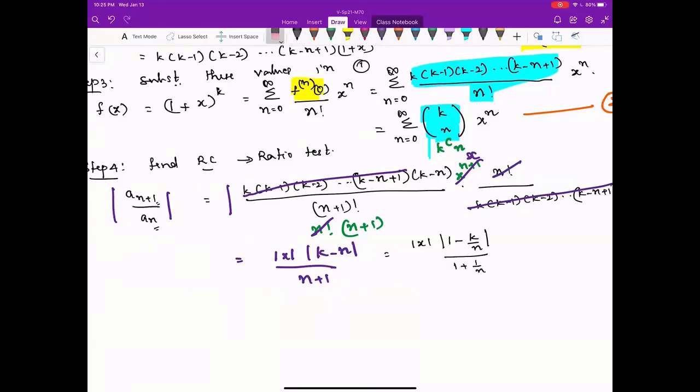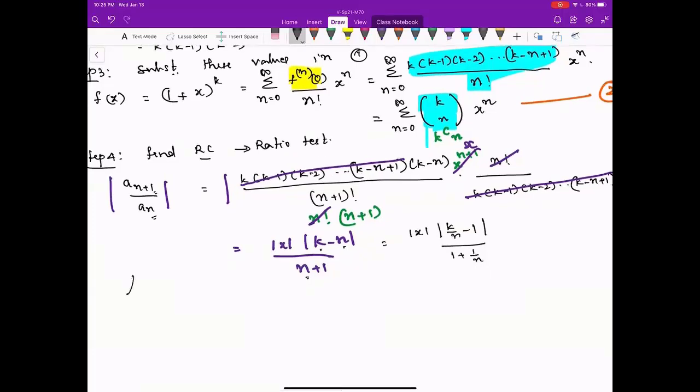You can also write this as k over n minus 1, because we are allowing n to approach infinity. We want to divide the numerator and the denominator by n. As we do not know the nature of k, we are using the absolute value, but the denominator is n plus 1, so it's always positive. Now you allow n to approach infinity.